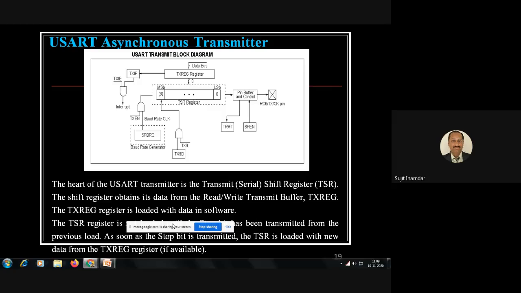So the explanation is given here, no issue, but I am just explaining. So TXREG रजिस्टर मधनं हा डेटा येतो TSR रजिस्टरला, 8 बिटचा डेटा किंवा 9 बिटचा डेटा, that is the LSB आणि MSB, which is now being controlled by this baud rate generator.